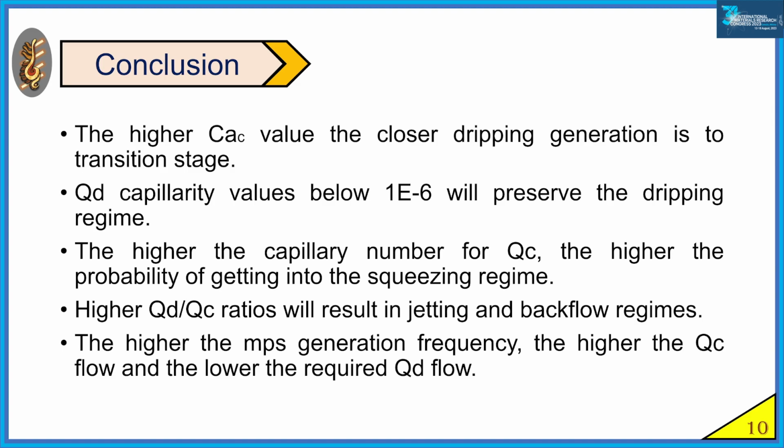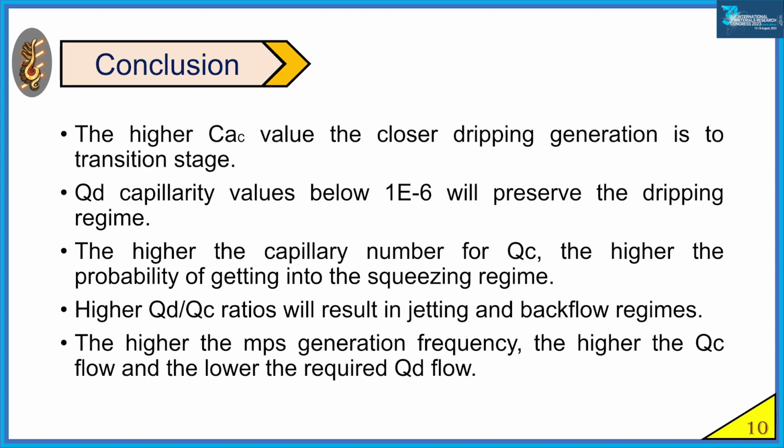In conclusion, the higher the continuous capillarity value, the closer the dripping generation is to the transition state. Dispersed phase capillarity values below 1 raised to -6 will preserve the dripping regimen. The higher the capillary number for the continuous phase, the higher the probability of getting into the squishing region.